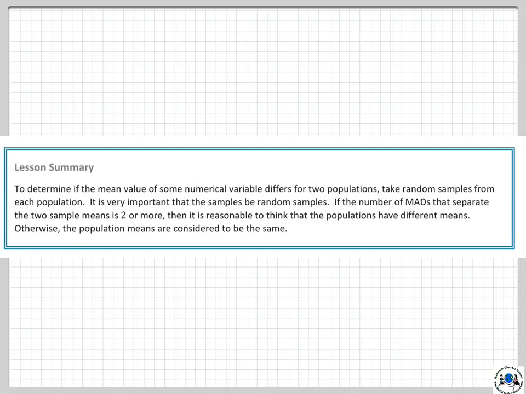So, in closing this lesson, in closing Module 5 forever in your life, Grade 7's Module 5, of course: to determine if the mean value of some numerical variable differs for two populations, you take random samples from each population. It is very important that the samples be random.